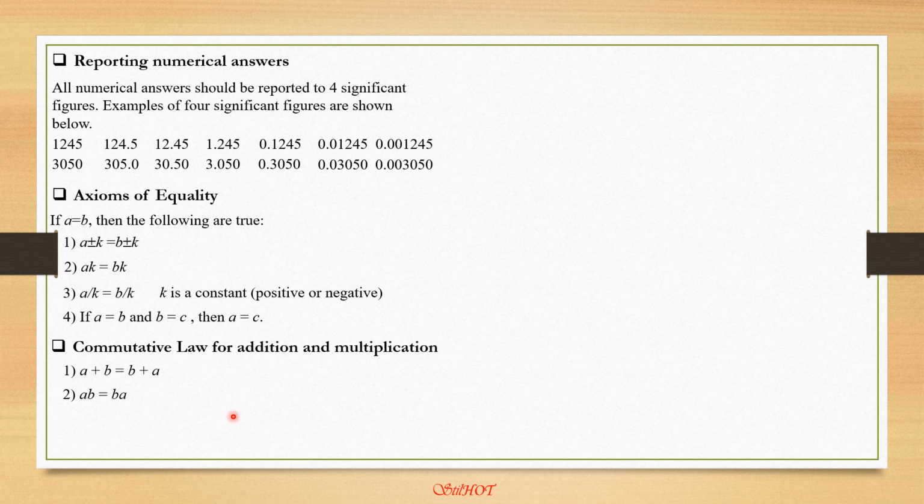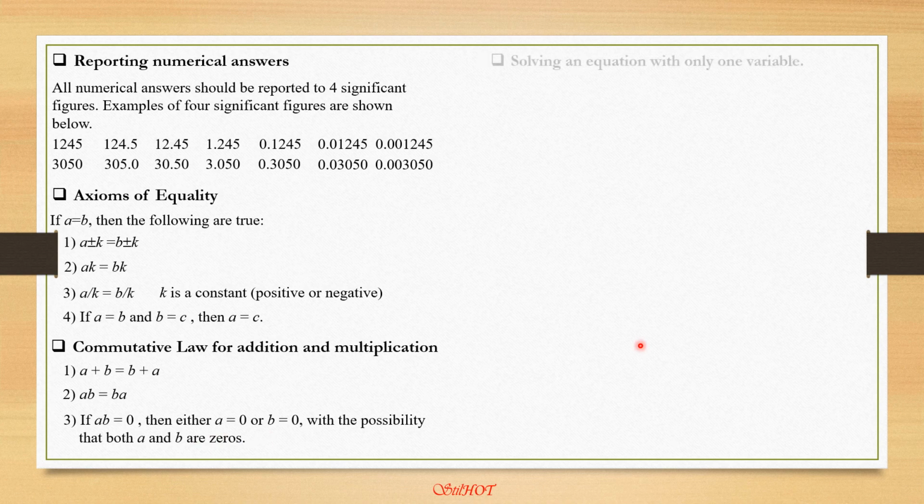Then, of course, if AB is equal to 0, then either A is equal to 0 or B is equal to 0, with the possibility that both A and B are equal to 0. Although this is not part of commutative law, it is also a good reminder for you to consider because you might encounter this situation, or there is a big possibility that you will encounter that situation.